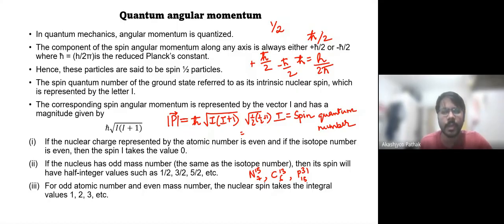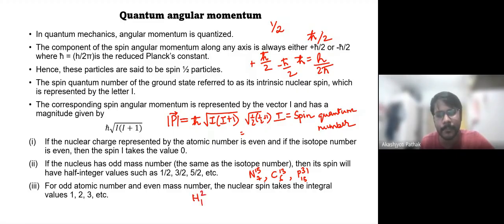A nucleus can also take integer values like 1, 2, 3. Which type of nuclei will take such values? Nuclei having an odd atomic number and even mass number.